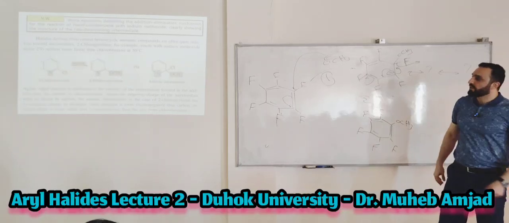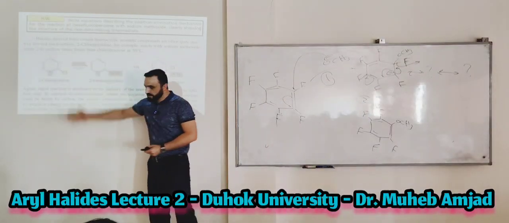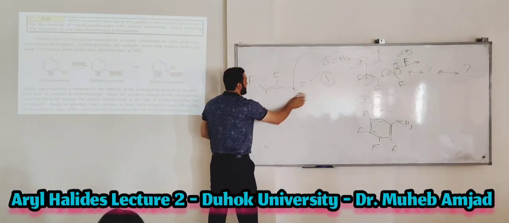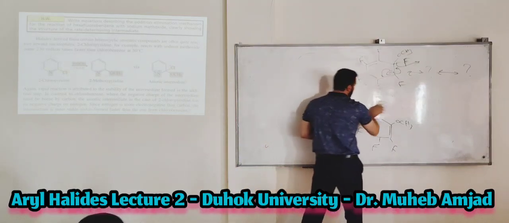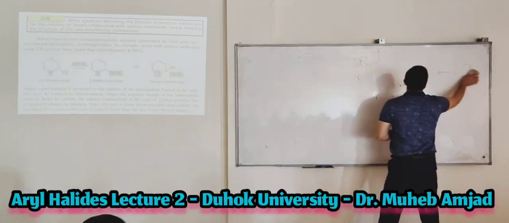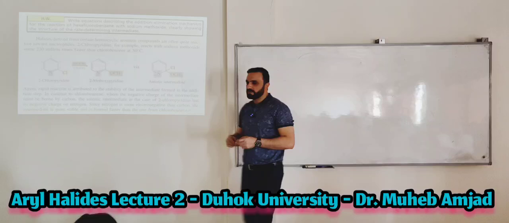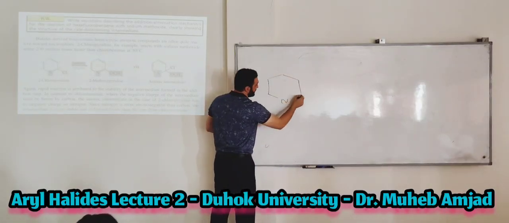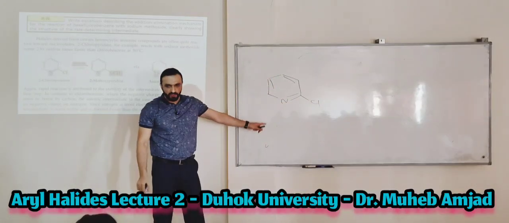So why can this also undergo nucleophilic aromatic substitution? If you compare the first step, the formation of the carbanion, the negative charge will be on the nitrogen atom. So we have nitrogen and a chlorine. This is the compound, 2-chloropyridine.